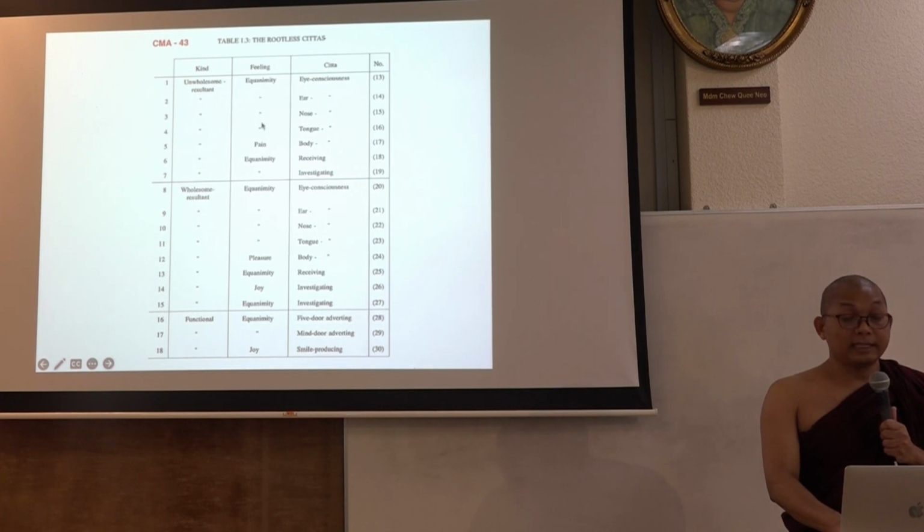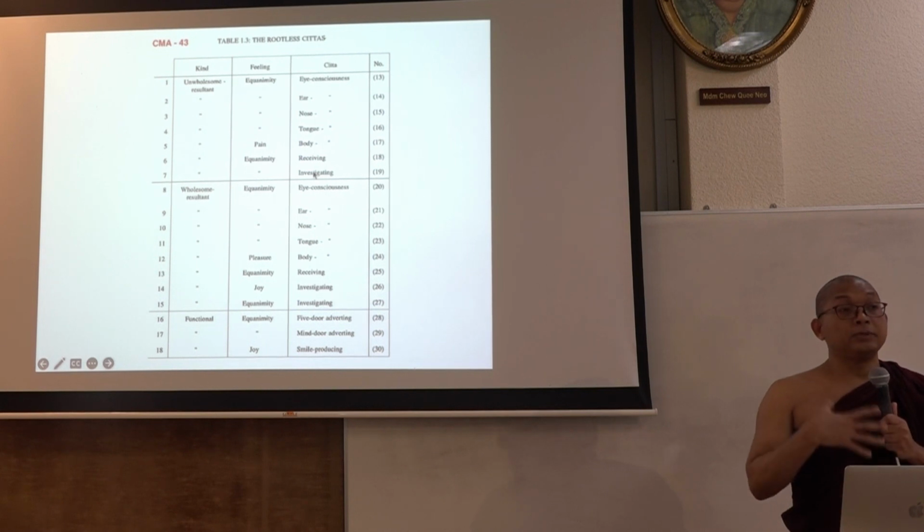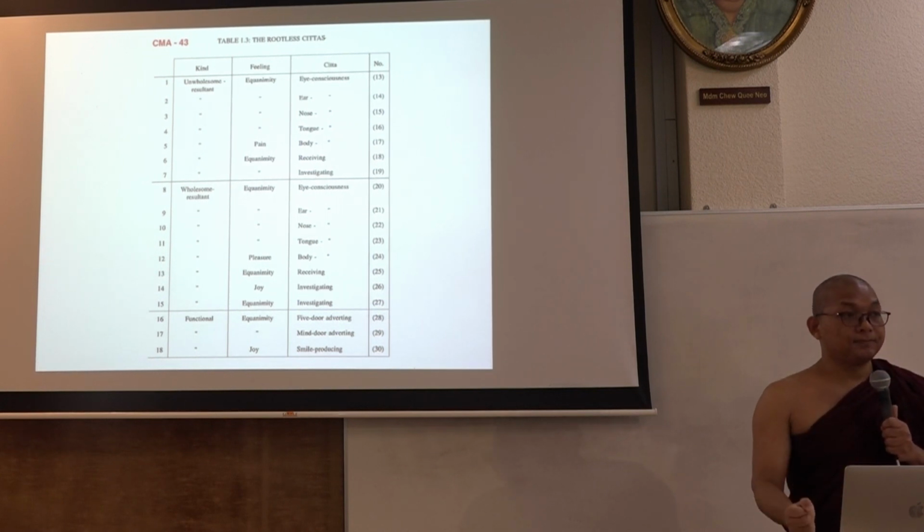Most of them are accompanied by equanimity feeling. Only 1 has pain feeling, with regard to body consciousness. The rest are equanimity feeling. So unwholesome resultant, accompanied by equanimity: eye consciousness, then ear, nose, tongue, body, receiving consciousness, investigating consciousness. Very easy, right? If you know the mind process, it's easier.